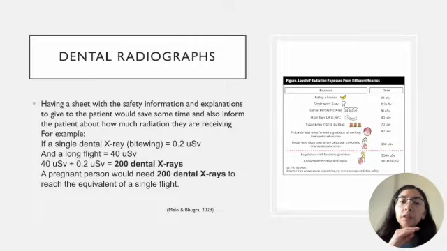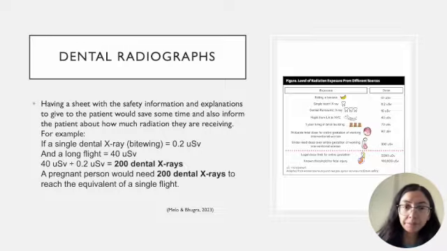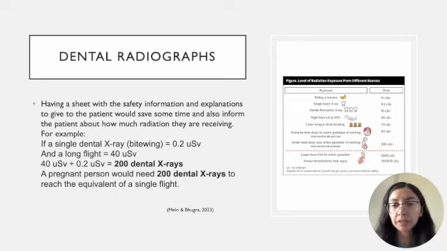So, to summarize, it is safe to take x-rays, even an FMX, during pregnancy. If the person still has doubt, double shield, and that way the patient feels more at ease and the appointment can go more smoothly.